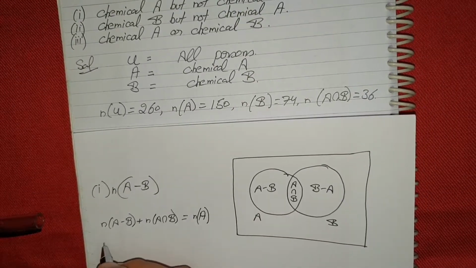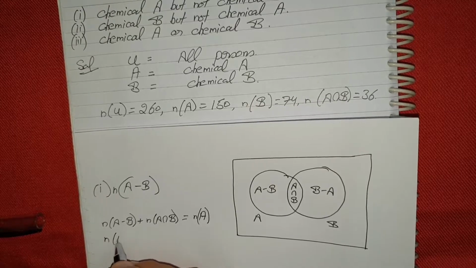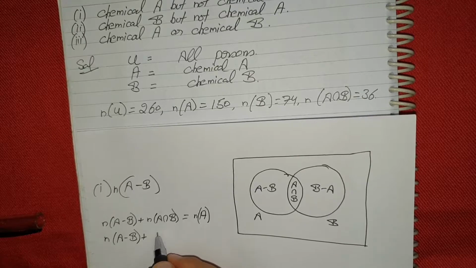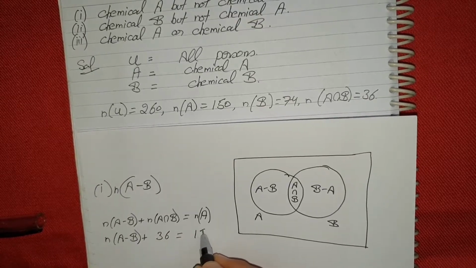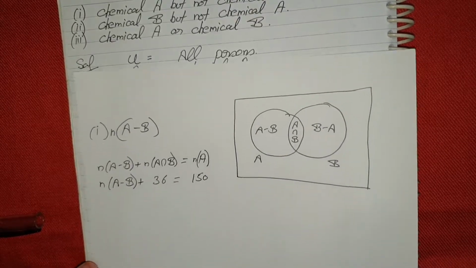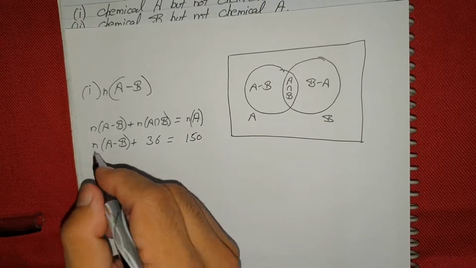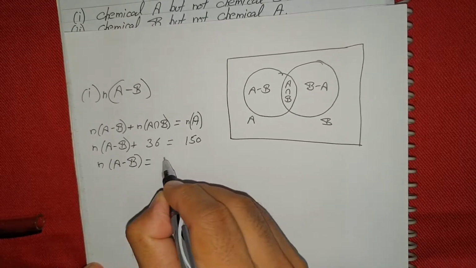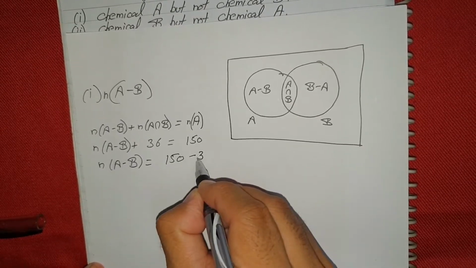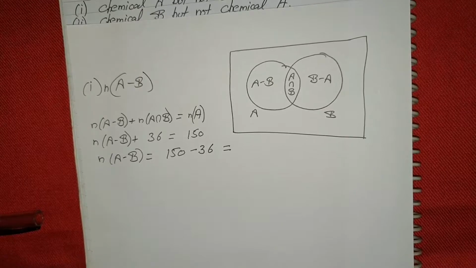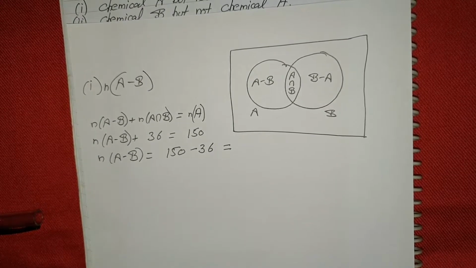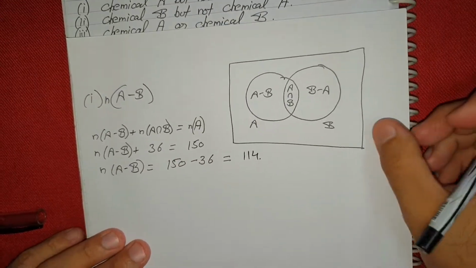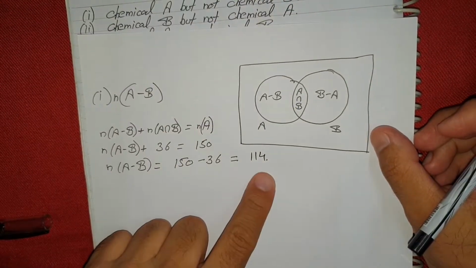So N of A minus B plus 36 equals 150. So N of A minus B equals 150 minus 36, which is 114. So the first part, chemical A but not chemical B, is 114.